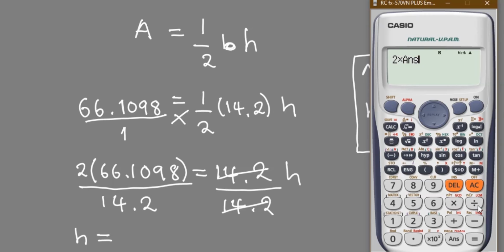So 2 multiplied by the earlier answer for the area that we calculated. When it equals, then we're going to divide it by 14.2. This is the shortest distance from L to OG, 9.31. We're going to write it to 3 significant figures, so it's going to be 9.31.